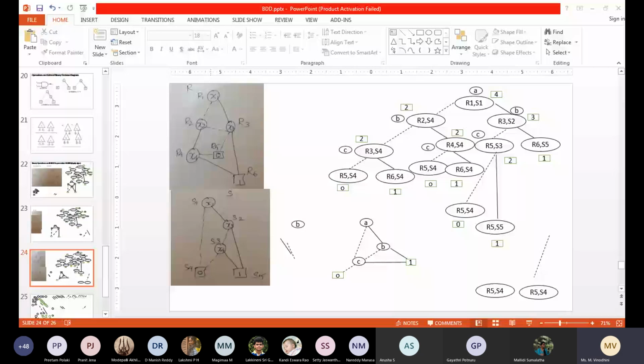And for these questions, if you make any mistake in this starting ROBDD, the entire thing will go wrong. These problems will be asked for 10 marks and 12 marks. If you make any mistake in the starting ROBDD, gone case. The complete answer will go wrong.